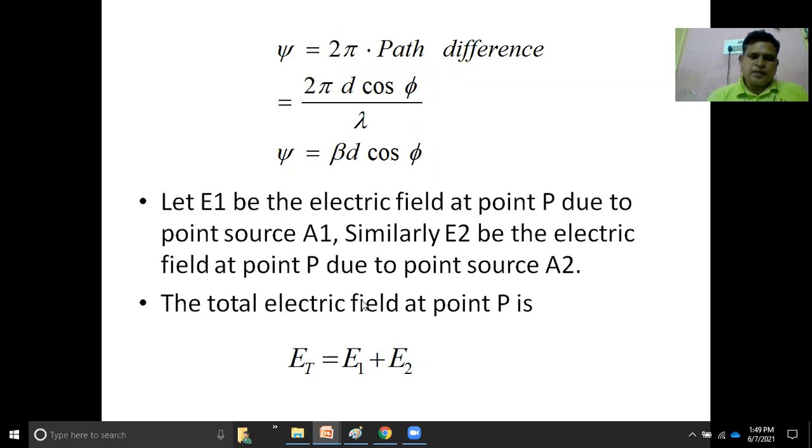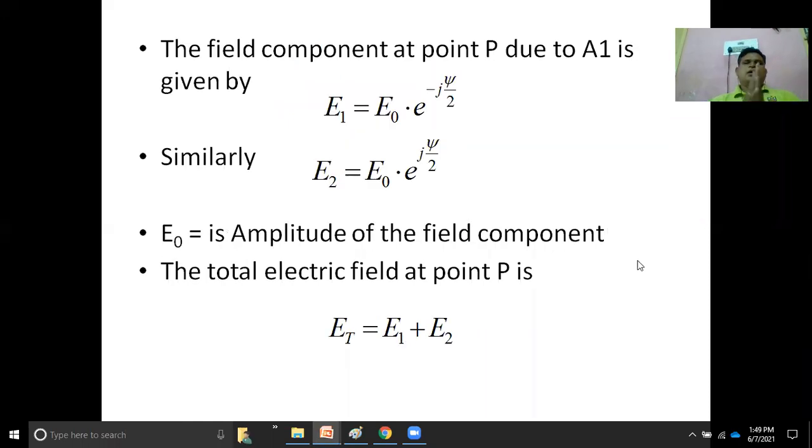Therefore, the resultant electric field at the observation point P is ET is equal to E1 plus E2. We know how to represent E1 and E2, with the same current, with the same magnitude and phase, because of the separation between these two sources.